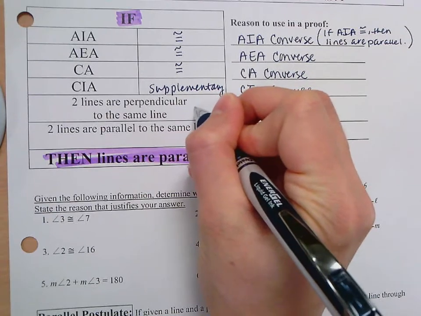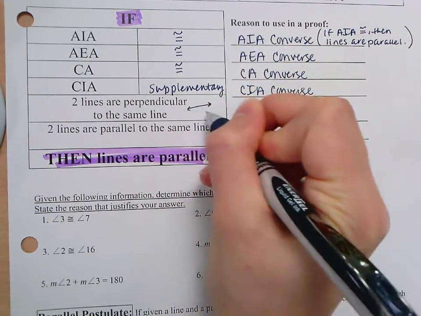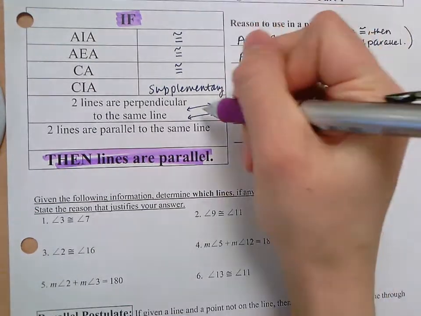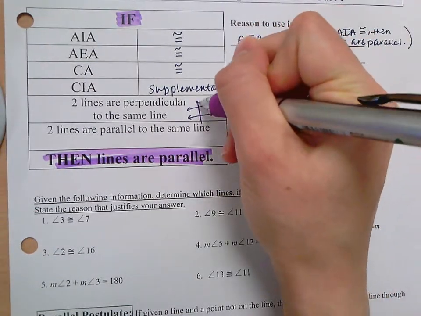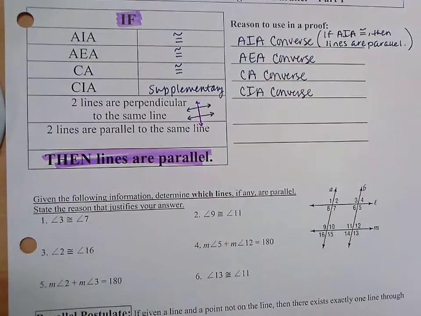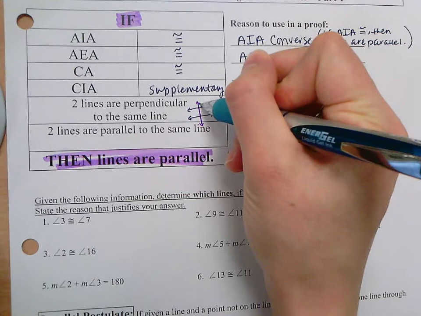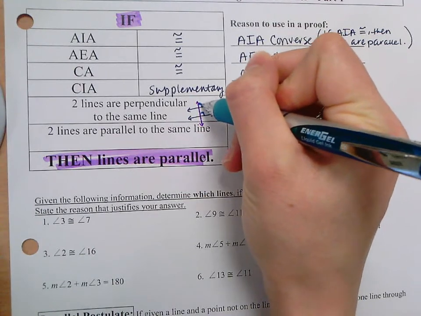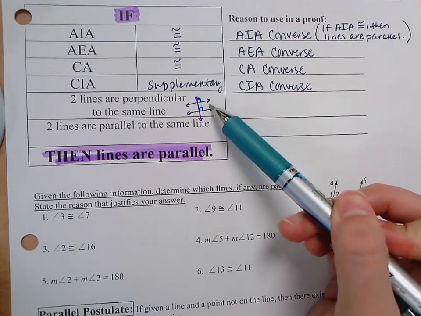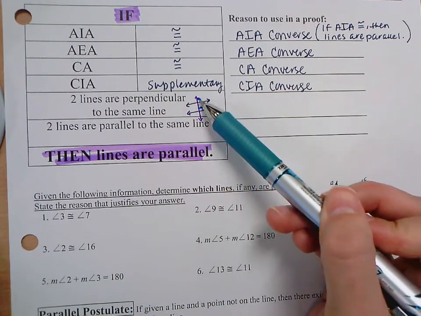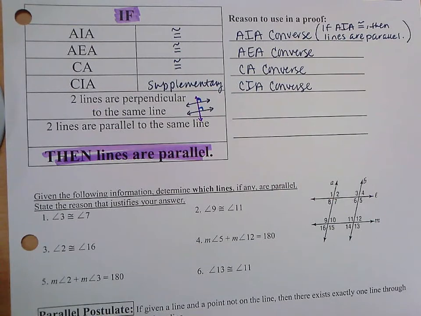So this is what that could look like. If you know that these two lines are both perpendicular to this purple line that I drew, you know those two lines must be parallel to each other.